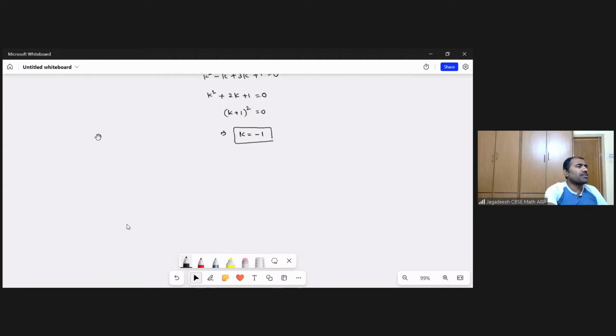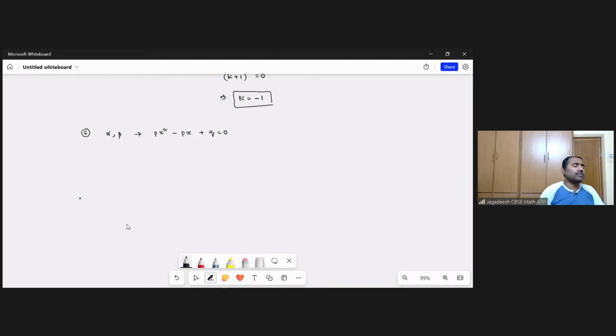Now let's move to the next problem, children. Sixth one. See here, alpha, beta are the roots of px square minus px plus q equal to 0.